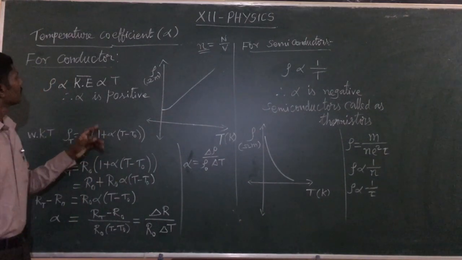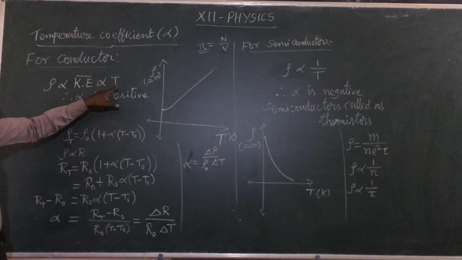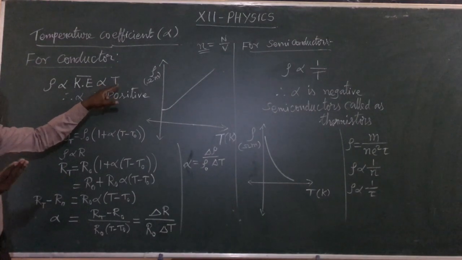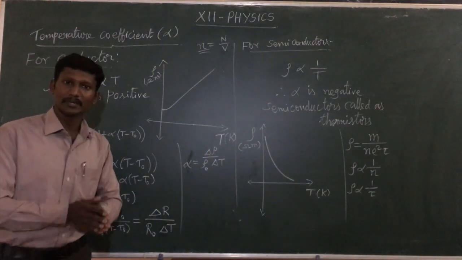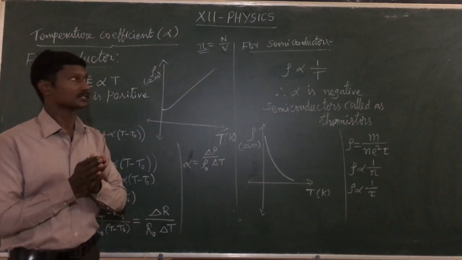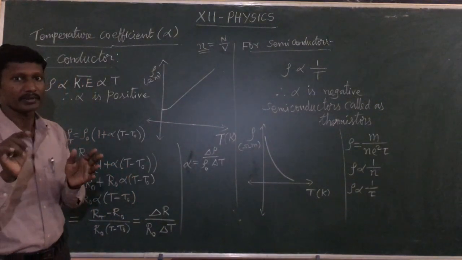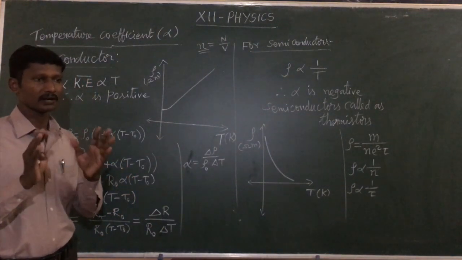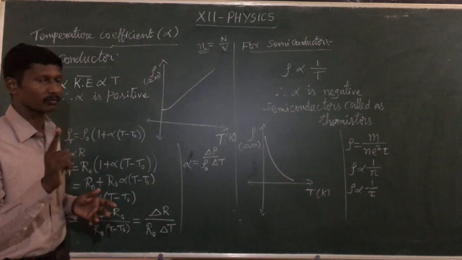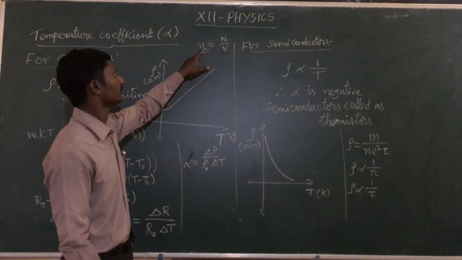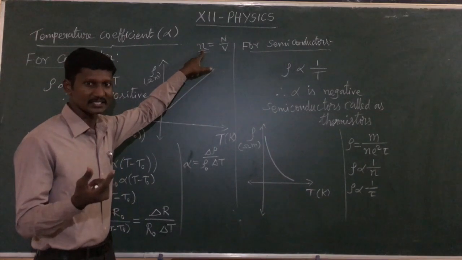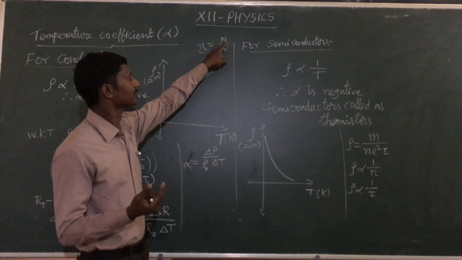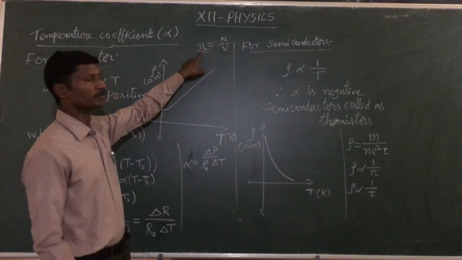When temperature increases in a metal or conductor, the metal has free electrons, isn't it? N is the number density, that is the number of free electrons per unit volume, per meter cube, small n.